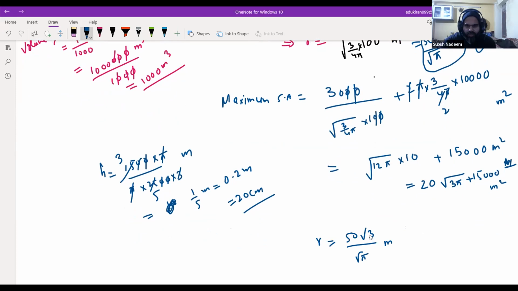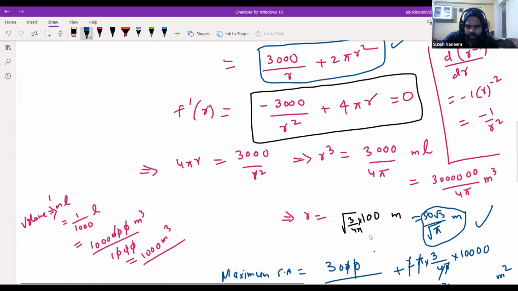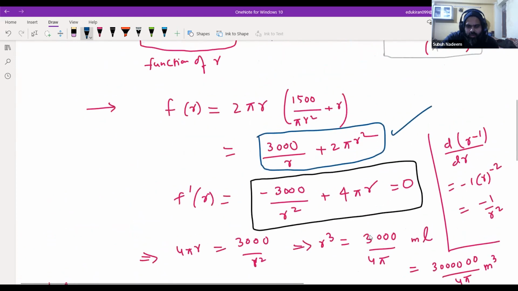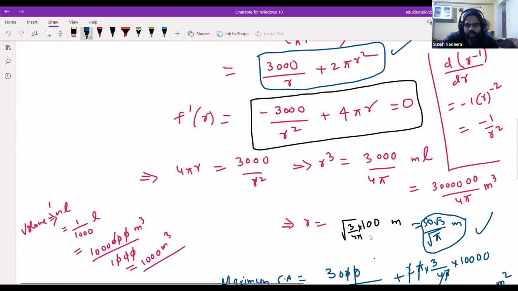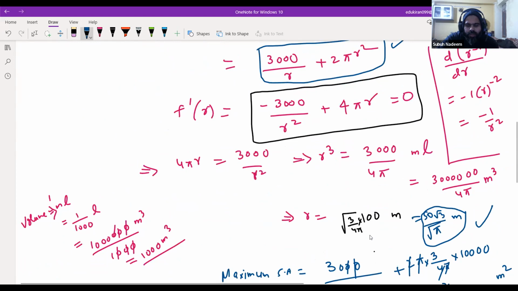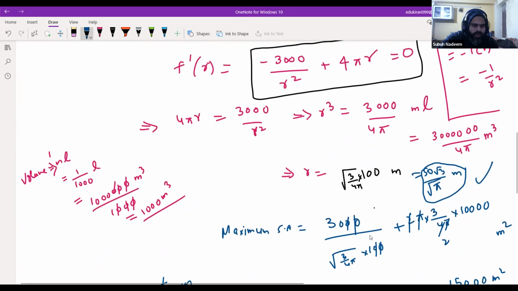I think there is some error here because this cannot be the radius. This is a huge value. Let me see, it is coming out to be milliliter, so meter cube. 1 liter is not 10 to the power 6 meter cube.